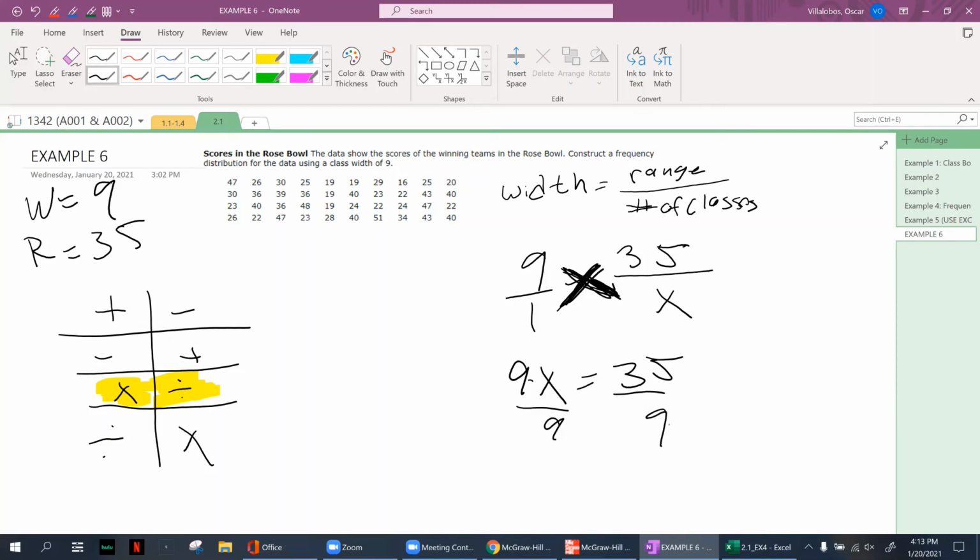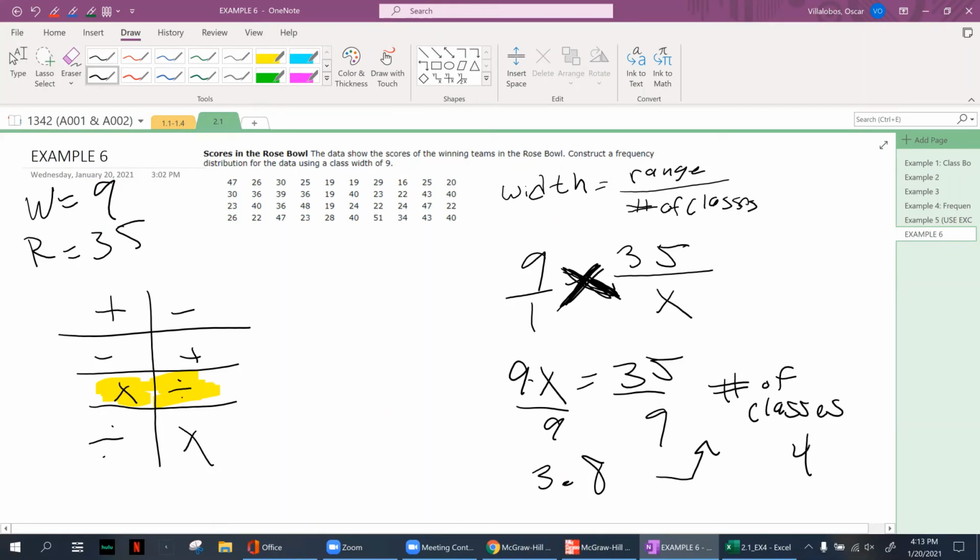So 35 divided by 9 is going to give me 3.8. But whenever you're talking about number of classes and width, it has to be a whole number, so we always want to round up. So my number of classes is 4.